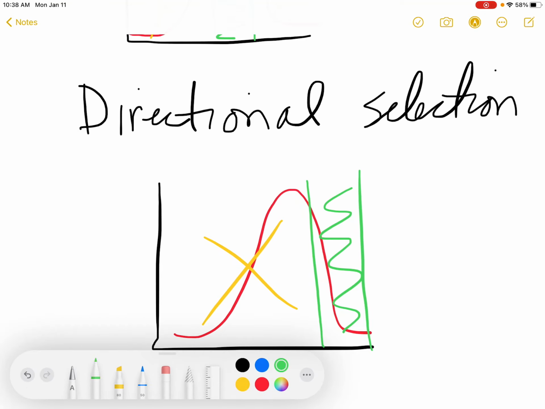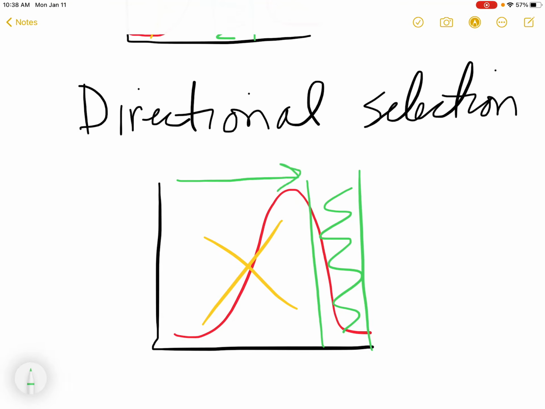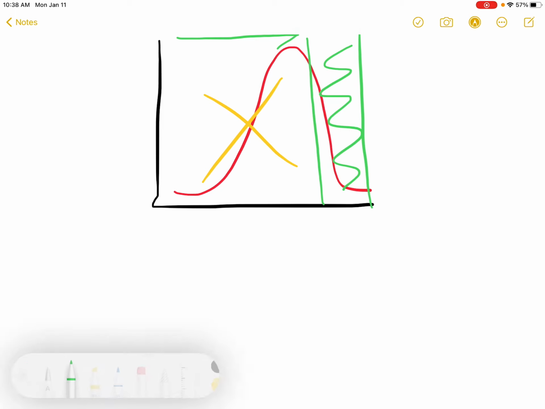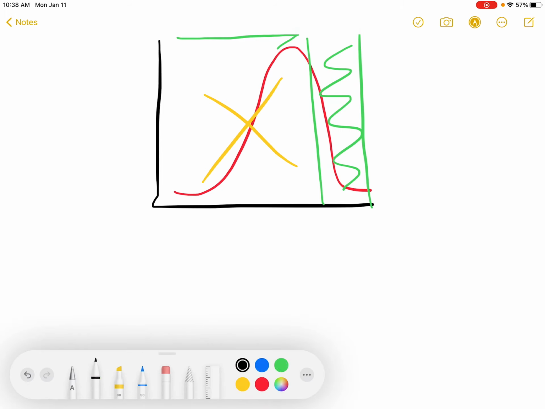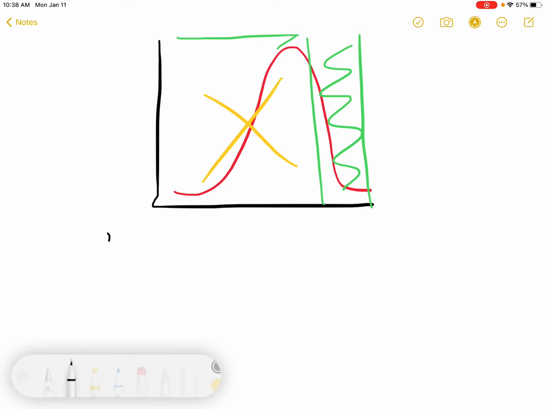So it pushes the traits towards the large end, right? And you end up with a species that from then on evolves to be much larger. So some environmental event pushes this in one direction or the other, towards one of the extremes. So we could say that this is an environmental event that favors one extreme over the other.